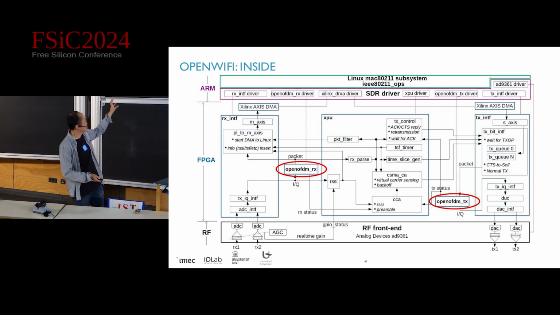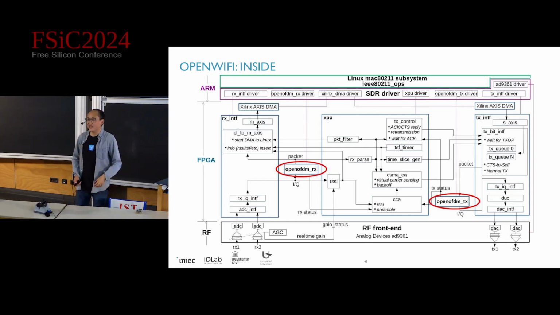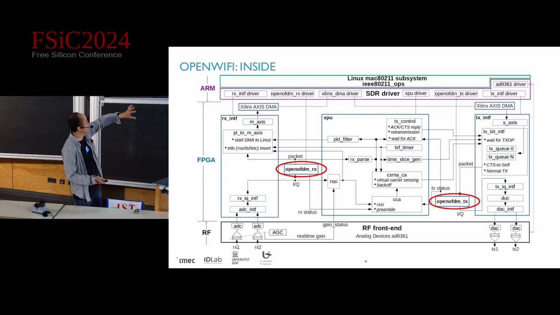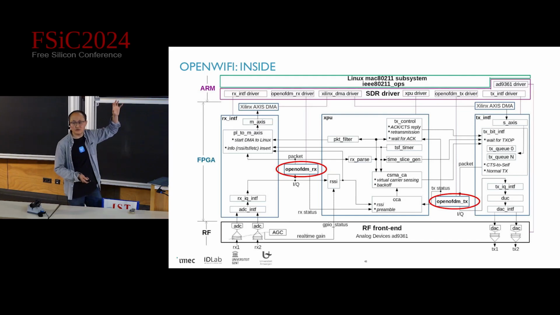Because I do forward engineering, not reverse engineering. At that moment, I didn't realize that information from Broadcom and Atheros. Anyway, there are physical layer, MAC layer, RF control, everything you need. Otherwise, it can't function as a normal Wi-Fi chip.